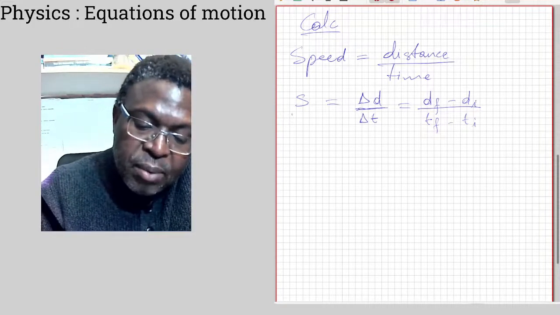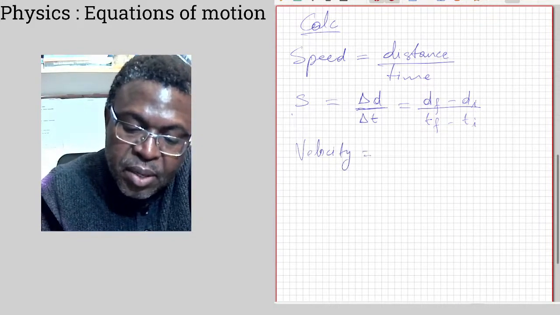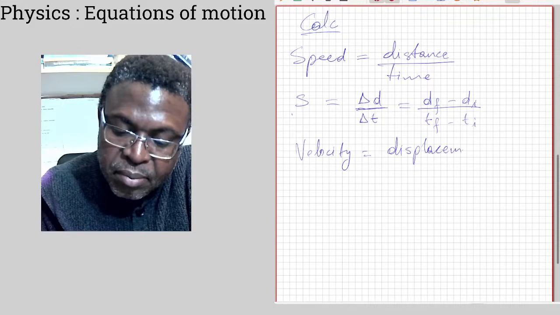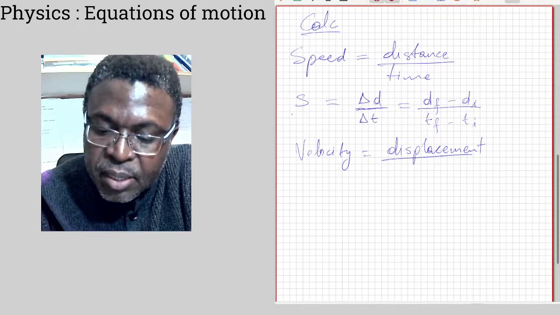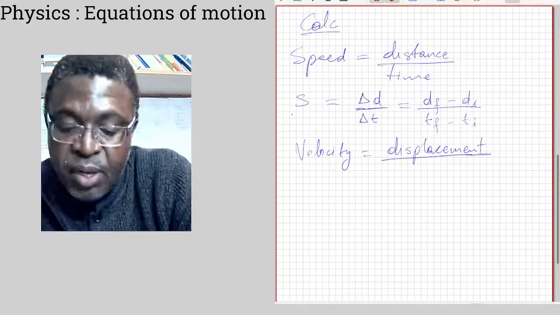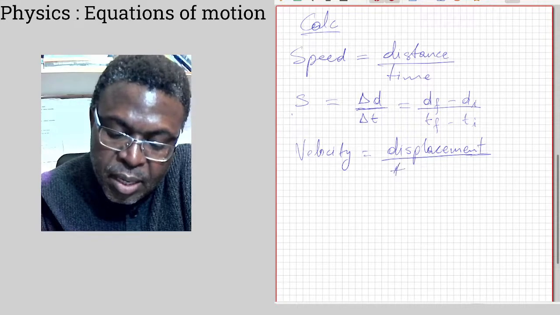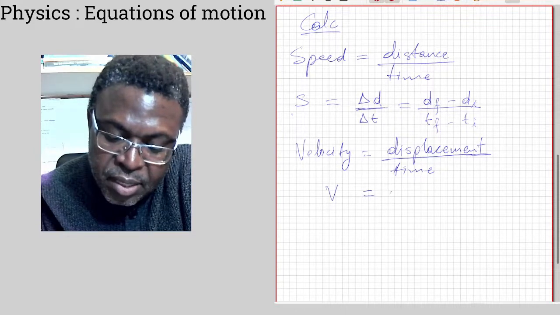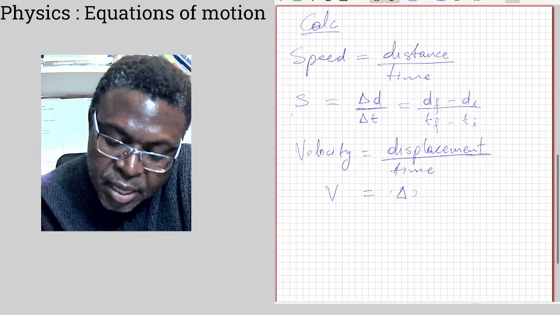And then we also come to velocity. Velocity, we use displacement. You must remember to find out what a displacement is and be able to differentiate it from speed. So it's displacement over time taken, and we say v is equal to the displacement. We normally write it as change in x, okay?